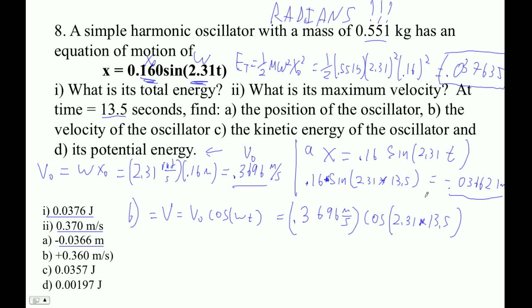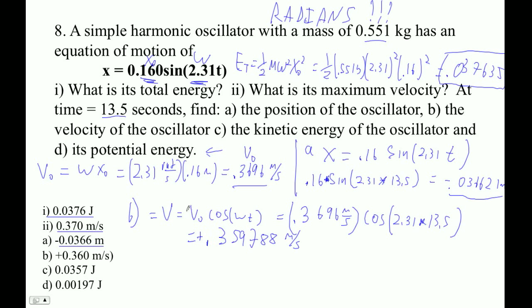Okay, so I can go that times cos 2.31 times 13.5, equals 0.3598788 meters per second.